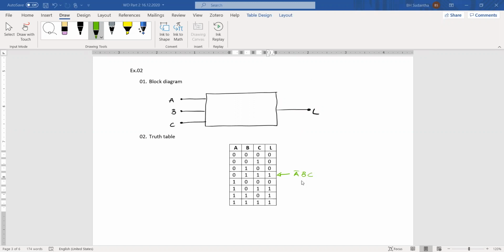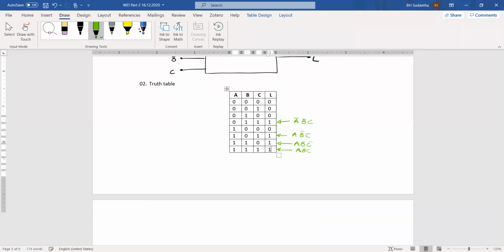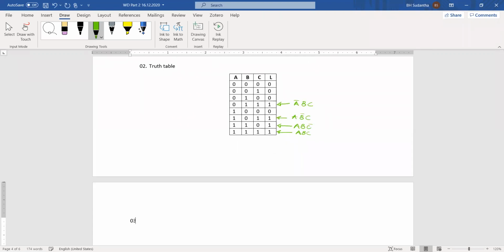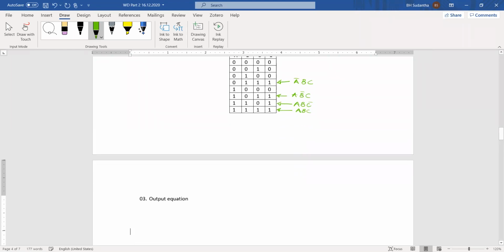Okay, then this one is A B bar C. This is A B C bar. The last one A B C. Okay. Then output equation.